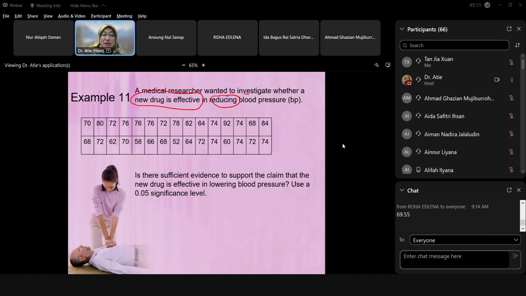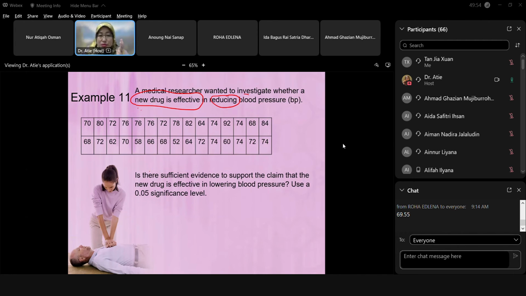We are given raw data: these are the blood pressure, BP, measurements that the doctor got before and after they take the drug. That is the clue that you need to understand.